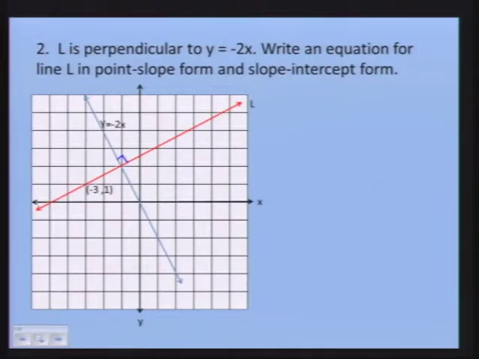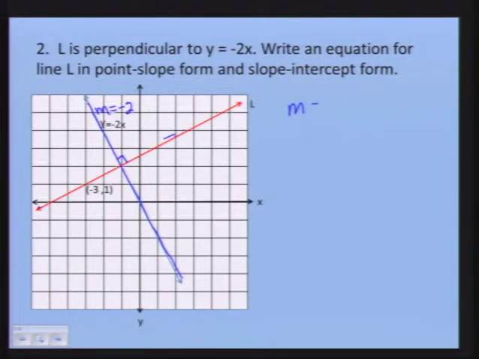Okay, let's look at a problem now involving perpendicular lines. You'll notice here we have the same y equals negative 2x that we had before. And that given line is perpendicular to our red line here. The slope of our given line is -2, just like it was before.